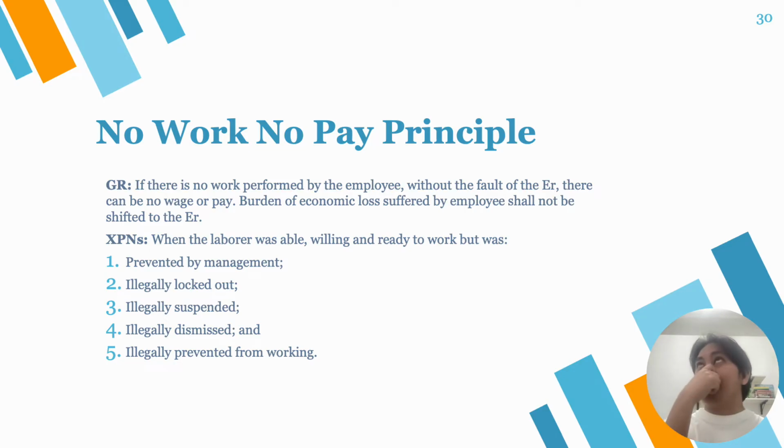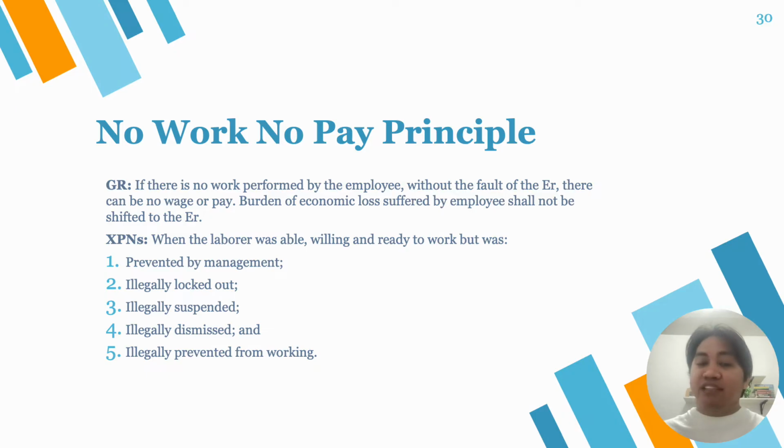So those days that are not worked are to be paid by virtue of the fact that the employee is willing and ready to work, but is prevented from actually working because of these scenarios or situations.